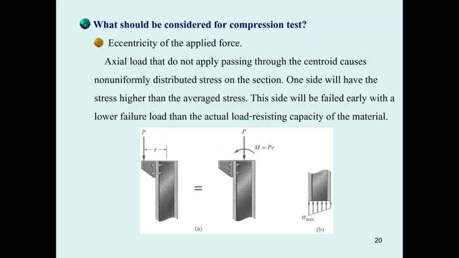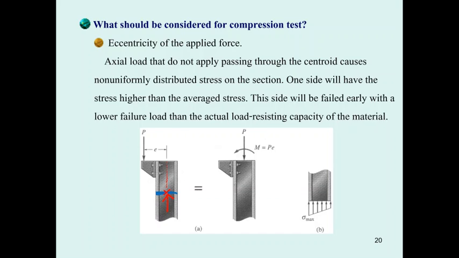If this column is subjected to this load, and you cut this and draw the free body diagram, it's going to produce what? It's going to produce the axial force applied to the axis that passes through the centroid of the column.